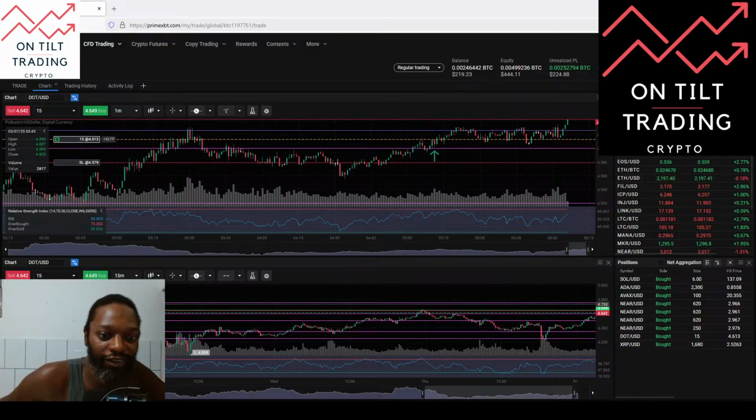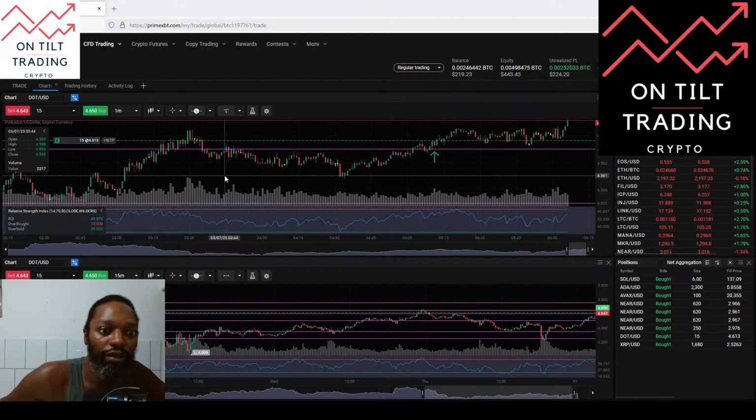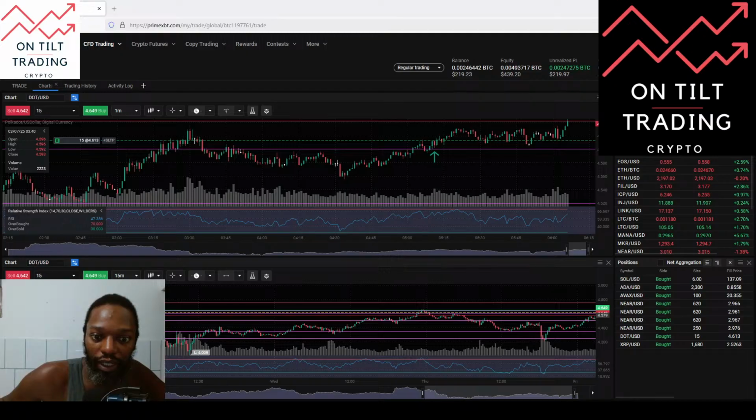All right, so here's R6, the target. Here's R4 where we are, and you'll see the purple line disappear here at R6 because it's right at the take profit. And I'll go back and show you XRP as well.